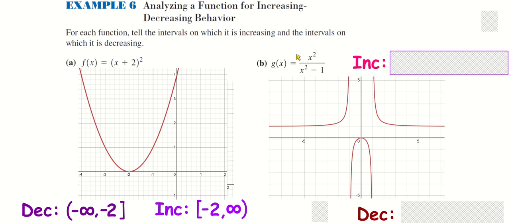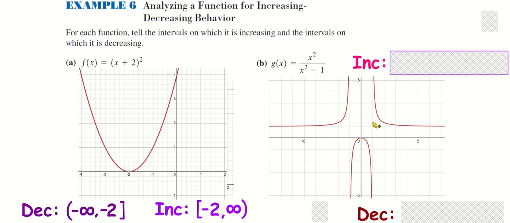No. Looking at this equation and at the graph at the same time, you go, oh yeah, we would literally not be allowed to plug in -1 for x. There is no -1 comma anything for a point, and there's no +1 comma anything, because we would not be allowed to plug in 1.